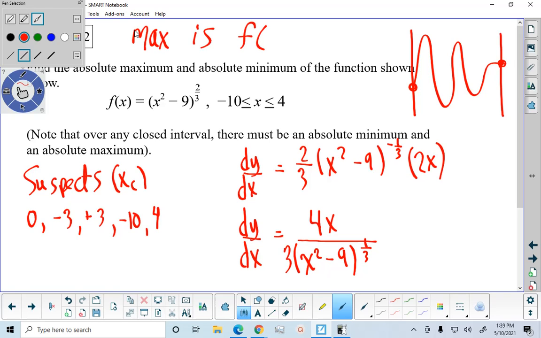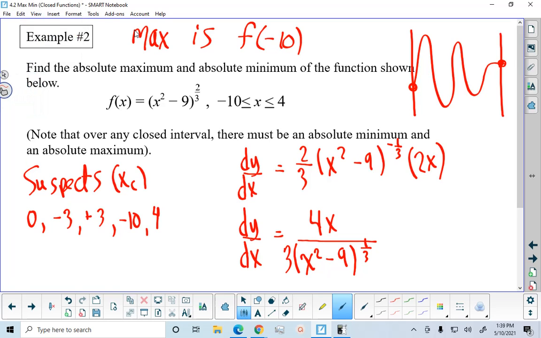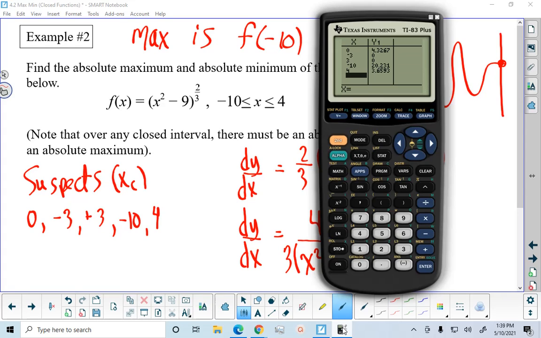is f of -10. You know what, quite frankly, I don't even care what it's equal to. You would put 10 in there and solve this equation and get, I guess, 91 to the 2/3. But I don't care about that. You could calculate that number. Which is the smallest? Well, f of -3 and f of +3 are both as small as possible.